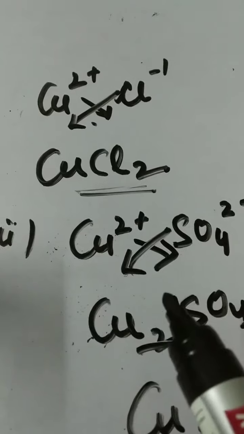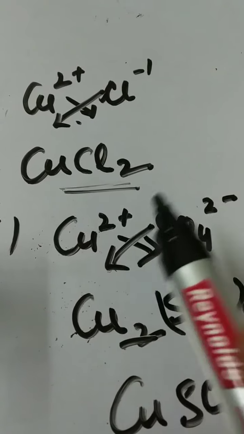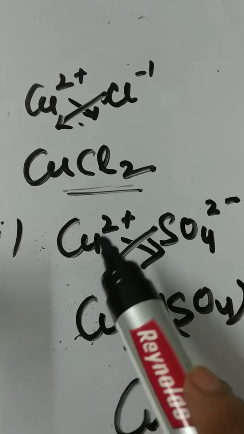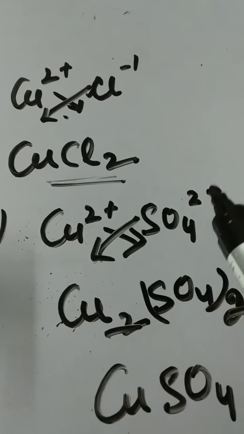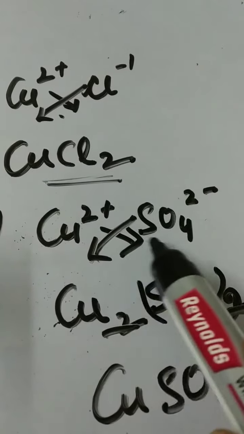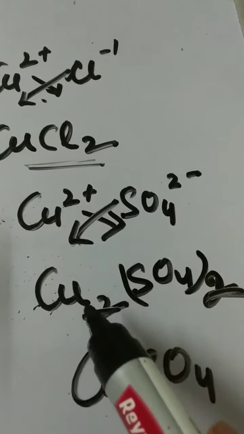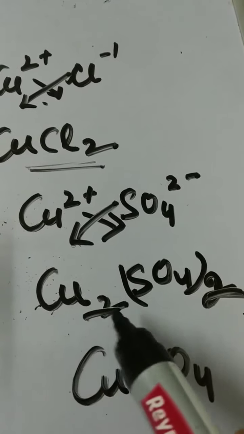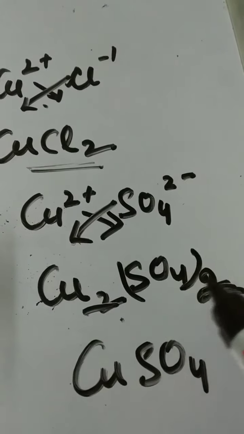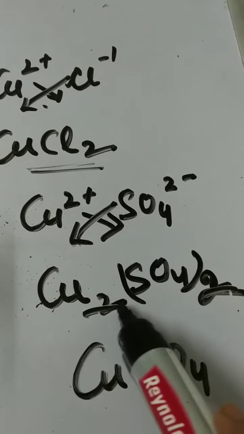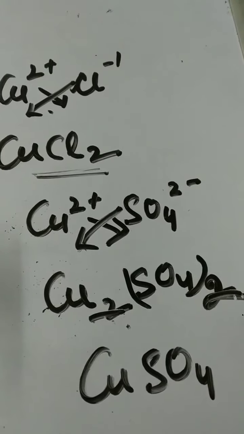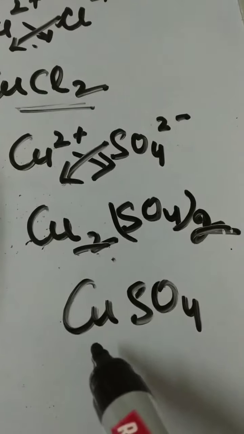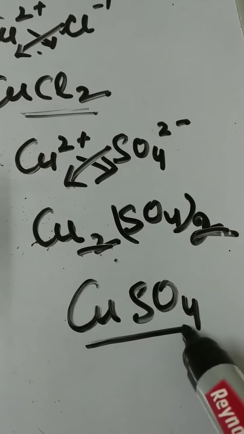In case of copper 2 sulfate, valency of copper is 2 positive, sulfate valency is 2 negative. Transposing the valencies, we get Cu2(SO4)2. With the same number, these both numbers are divided. We get the formula CuSO4.